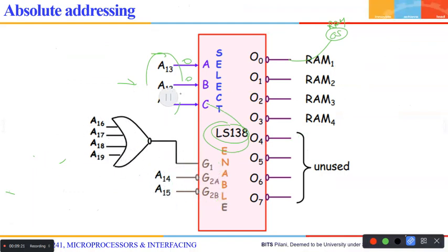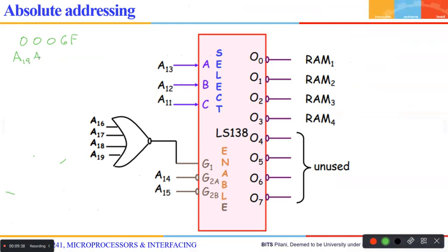It has to select RAM 1, right? Now we will just cross check whether this RAM 1 will be selected or not. So now you said 0006F. Just write it A19 to A0.